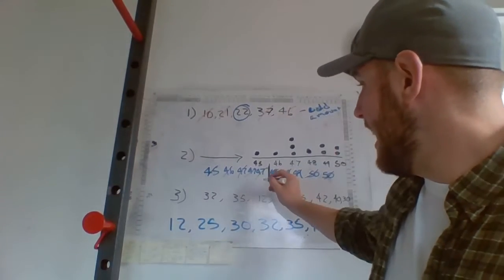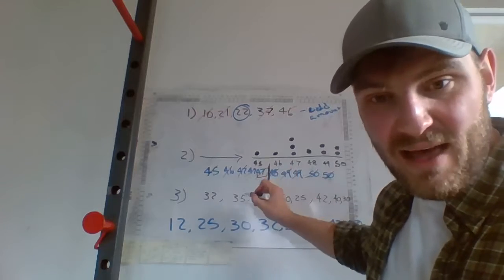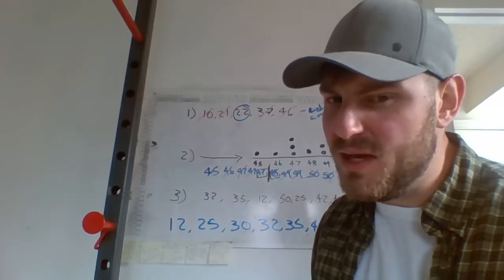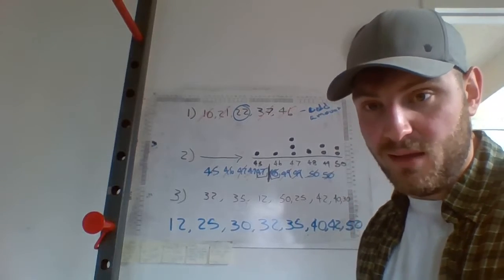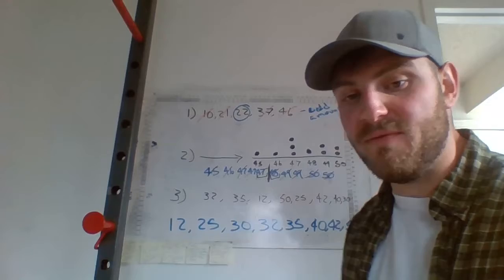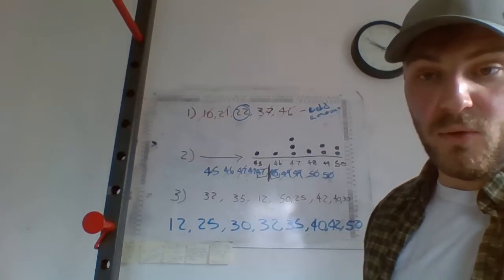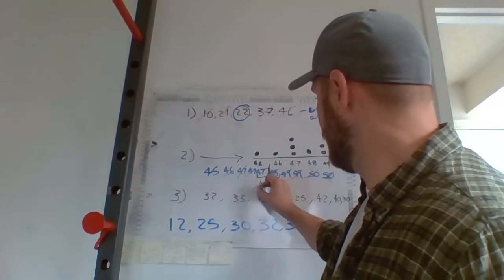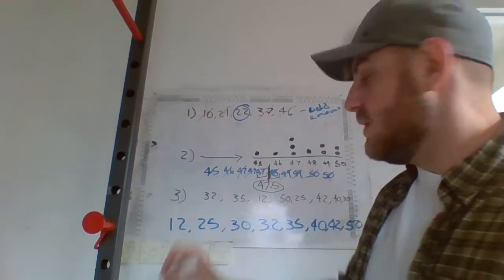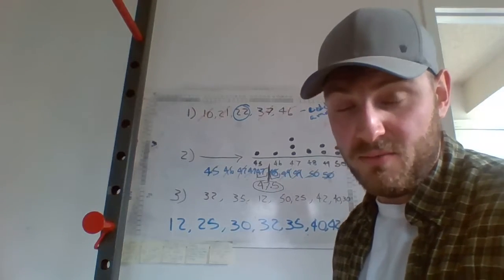Now that median happens to be between numbers 47 and 48. So what's the middle number between 47 and 48? Well, in 6th grade, we can get into decimals. What's halfway between 47 and 48? Very simple, 47 and a half. So the median would be 47.5.